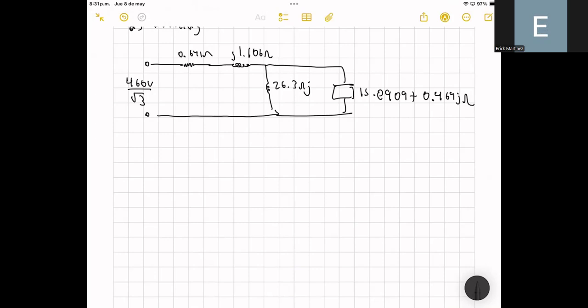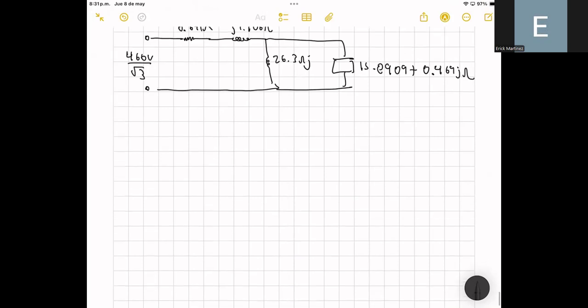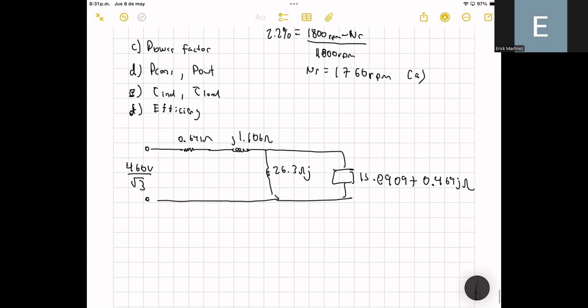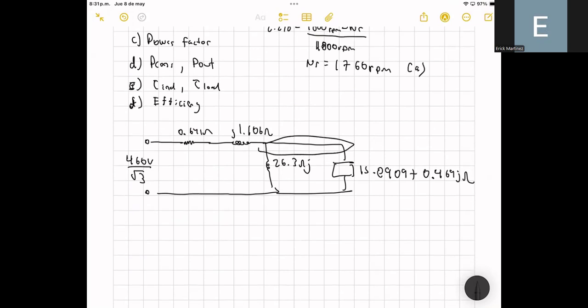Okay. So, well, if you simplify these two elements that are in parallel, you will get the following. Okay, you will have here your resistance.